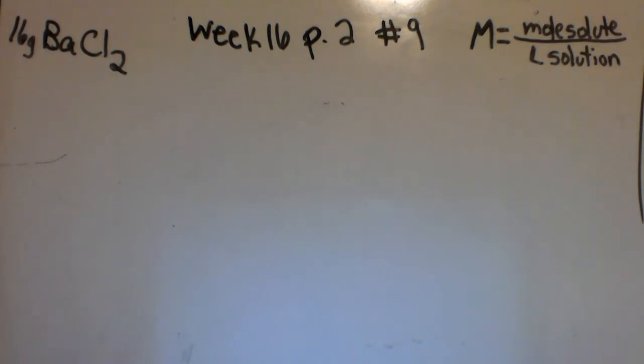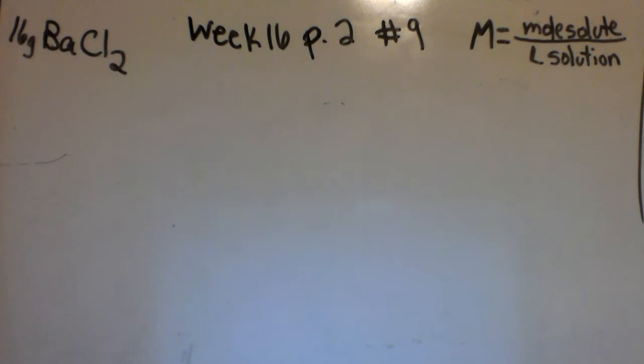We are given 2 bits of information, actually 3. One is the term molarity, which is the one with the R in it. The R is not the closest to the letter M, so we're going to use a capital M as the symbol, and the fraction is moles of solute per liters of solution.